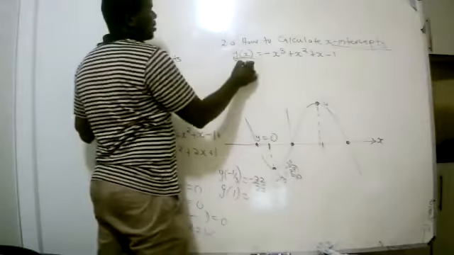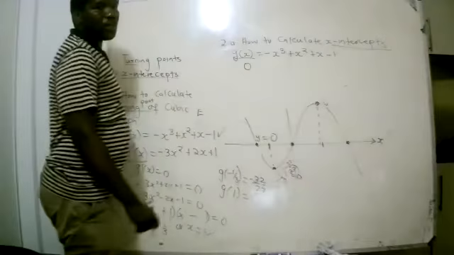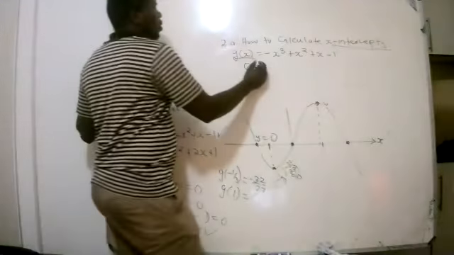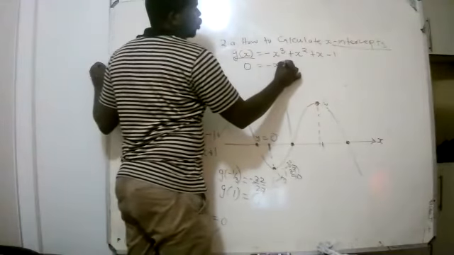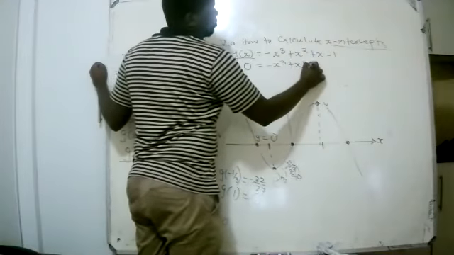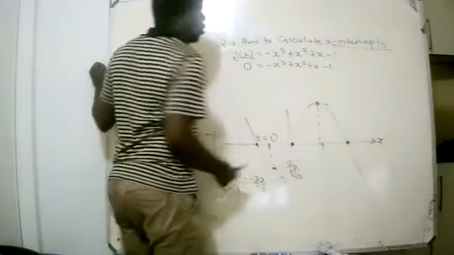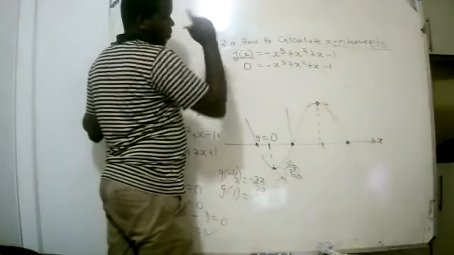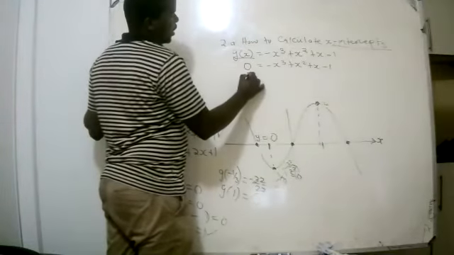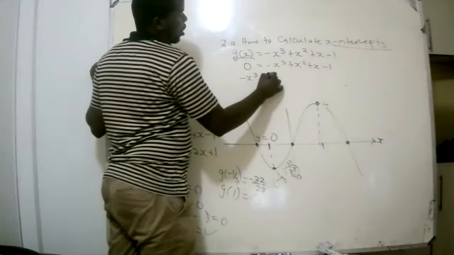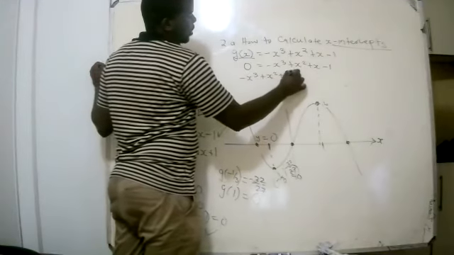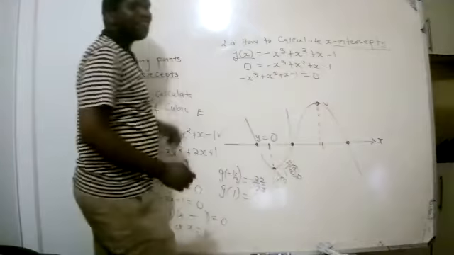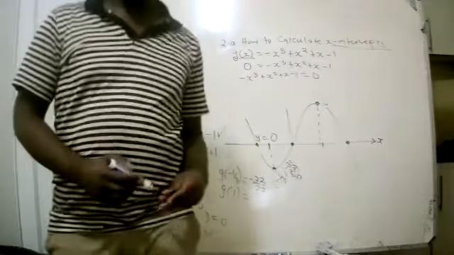Therefore, for g of x, we must substitute 0 there, so that we have 0 equal to negative x cubed plus x squared plus x minus 1, which you can write in a better way: negative x cubed plus x squared plus x minus 1 equal to 0. You haven't violated any rule by doing so.